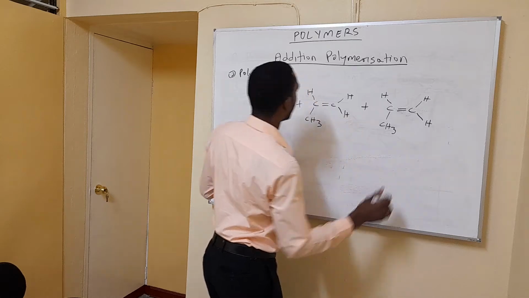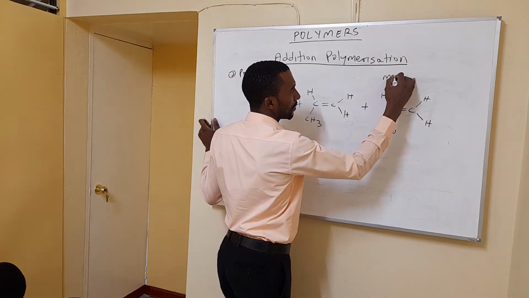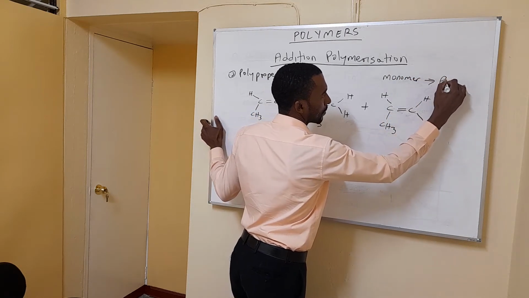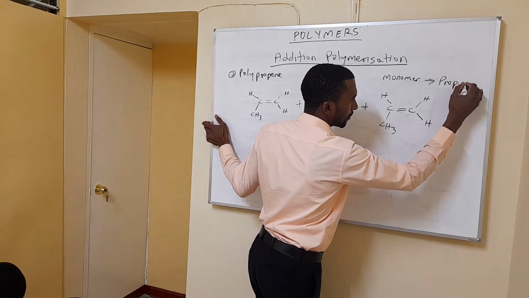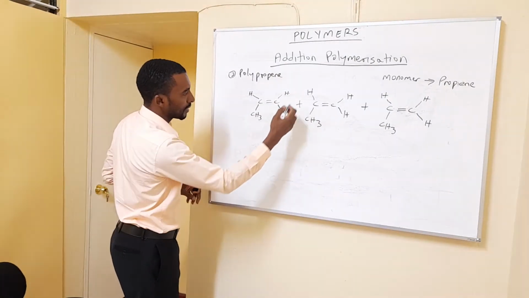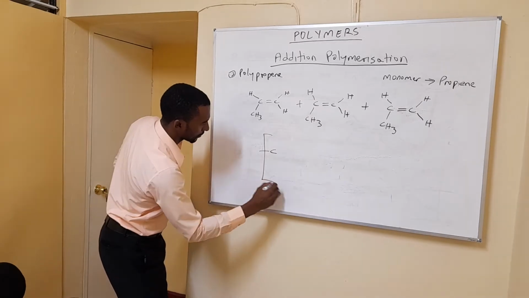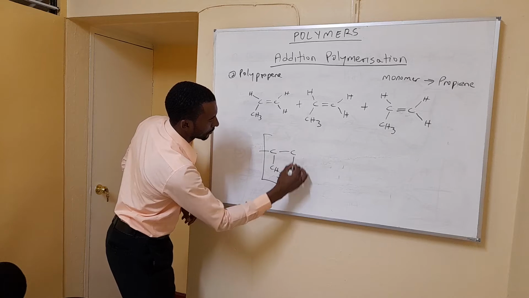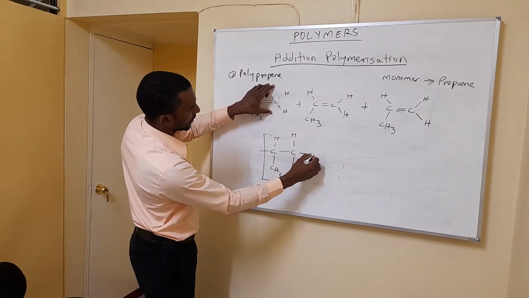So remember that the monomer in this case is propene. There are 3 carbon atoms. Propene, okay? Good. And then the polymer that is formed, so this will take care of this molecule, right?